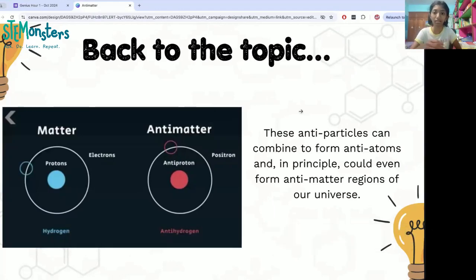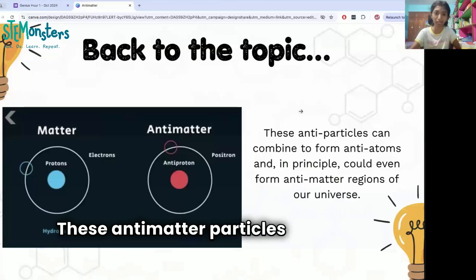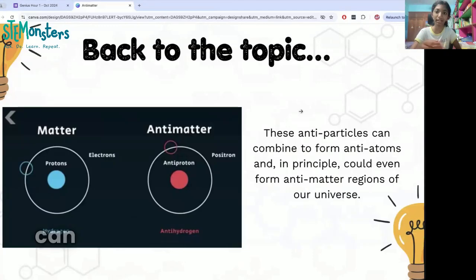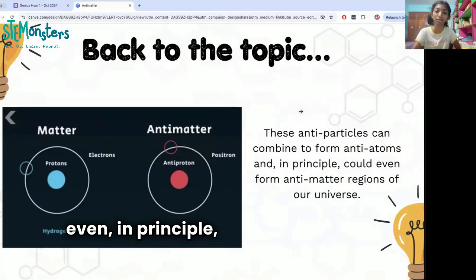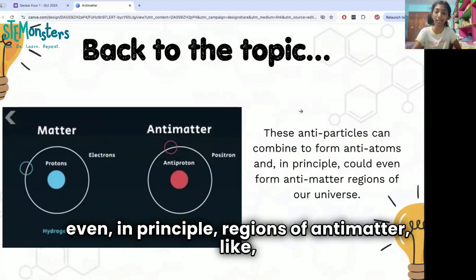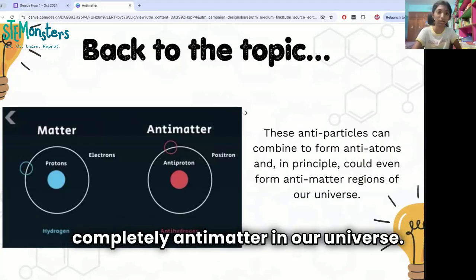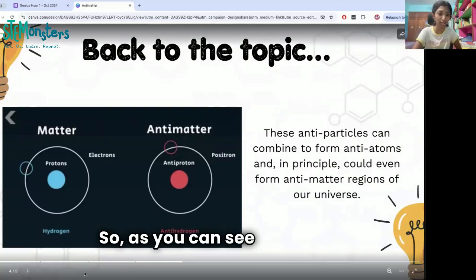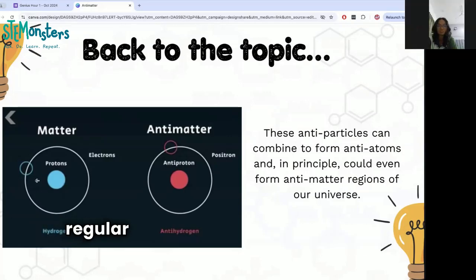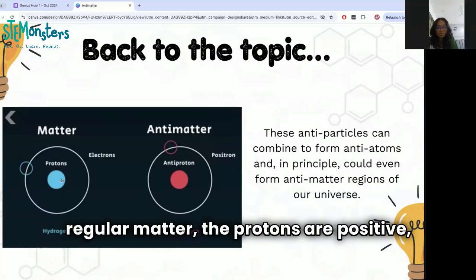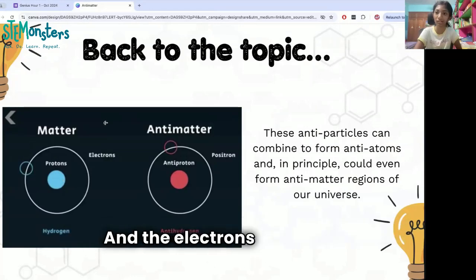These antimatter particles that have been discovered can combine to form anti-atoms, and even in principle regions of antimatter, like completely antimatter regions in our universe. As you can see in the picture, in regular matter the protons are positive and the electrons are negative.